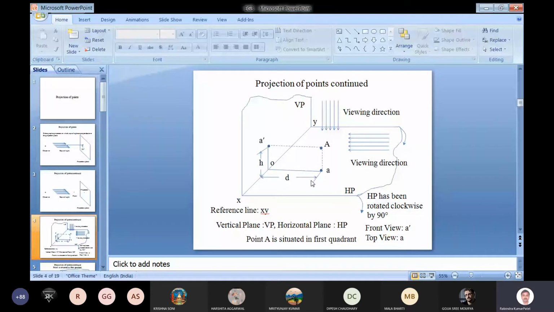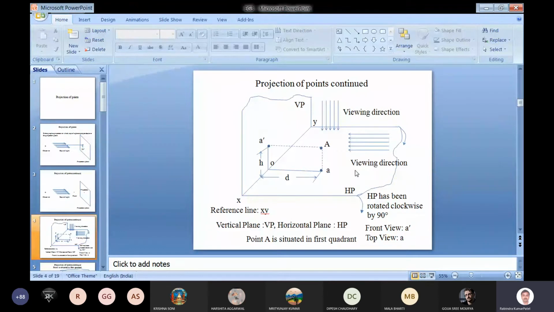What we get onto the vertical plane is called the front view, and what we get onto the horizontal plane is called the top view, because we view from the top. When we view from the right, the projection we get onto the vertical plane we call the front view.